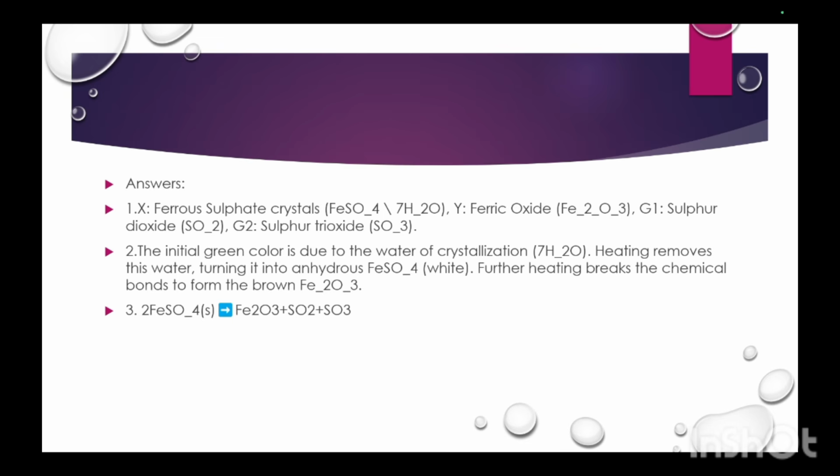Heating removes this water, turning it into anhydrous FeSO4, which is white in color. Further heating breaks the chemical bonds to form brown Fe2O3. Answer number 3: 2FeSO4 gives Fe2O3 plus SO2 plus SO3.